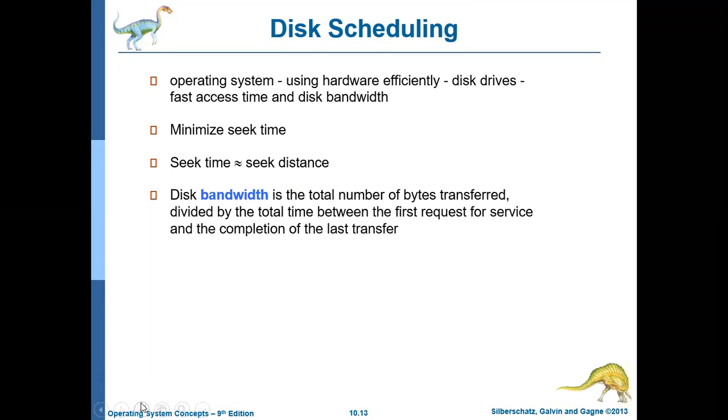So we can say that bandwidth BW is equal to the total bytes transferred, let me call it TB, divided by the ending time, the time of the last data transfer, minus the starting time. That is what is called bandwidth. So bandwidth also should increase.